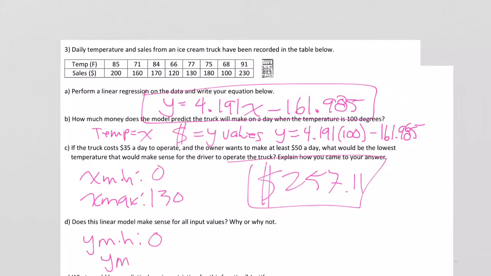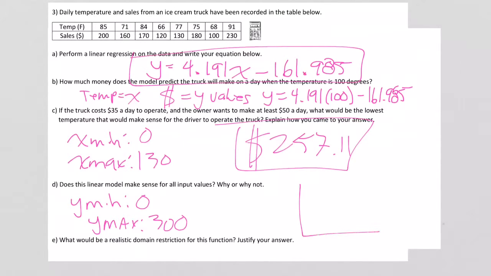And Ymax, let's try something. Maybe it's 130 degrees. Our graph's going to keep going up. So maybe we try something like $300. So enter that in, and we'll see what our graph looks like. I'm doing mine real quick. And when you enter that data, you should get a graph that looks like that. So maybe not the best window, but good enough for what we need to see.